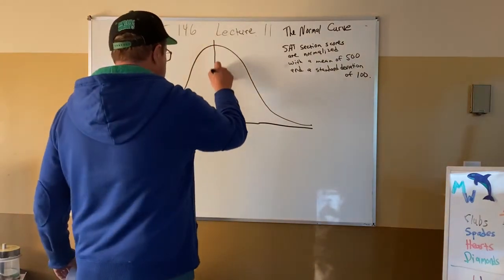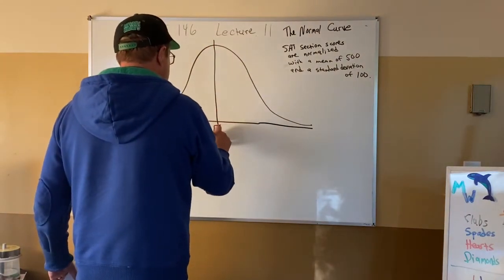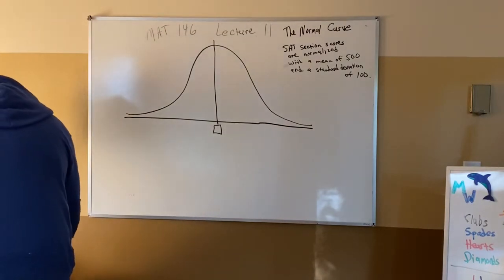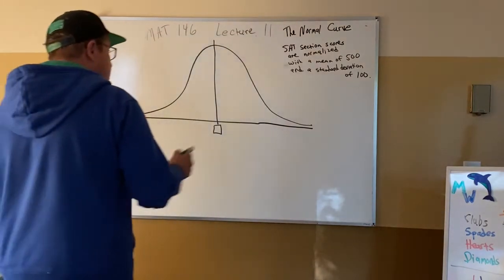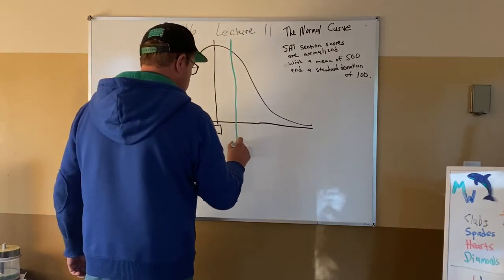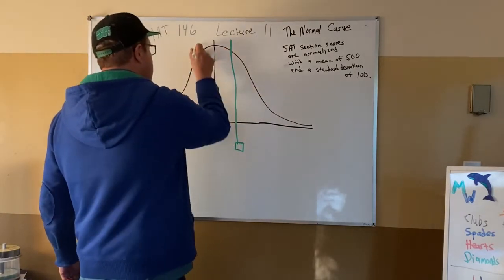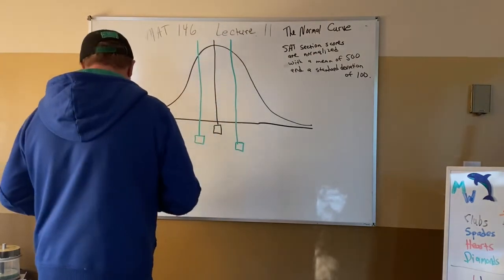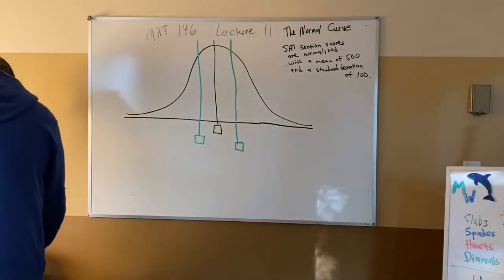Here's the mean. Then we'll go out 1 standard deviation. That's to the good side. That's to the bad side. Draw from the mean, and do it again.